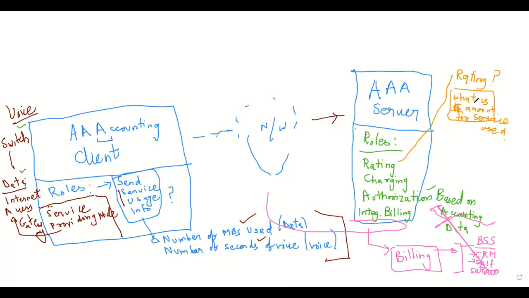All right. So let's take a deep dive over here regarding rating. How can I really define or come up to that amount, right? Rating is dependent on two things. Rating depends on two factors.